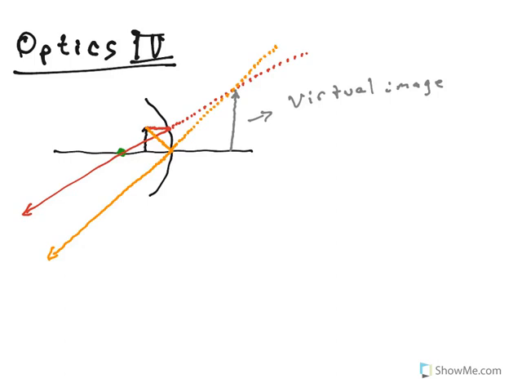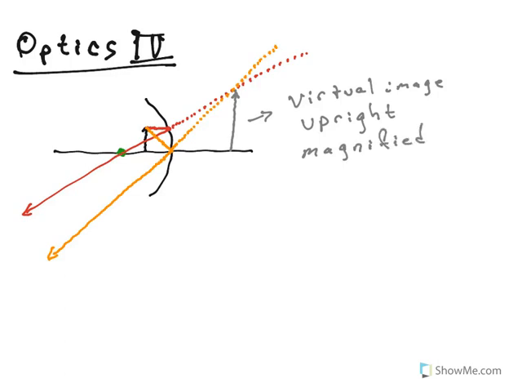However, the light rays act as if an image is formed on this side of the mirror, and we call it a virtual image. What else do we know about it? Well, the arrow is pointing up, so this is an upright image. It's not inverted. And I could look at the size of the image arrow, compare it to the size of the object, and the image is bigger, so it's magnified.